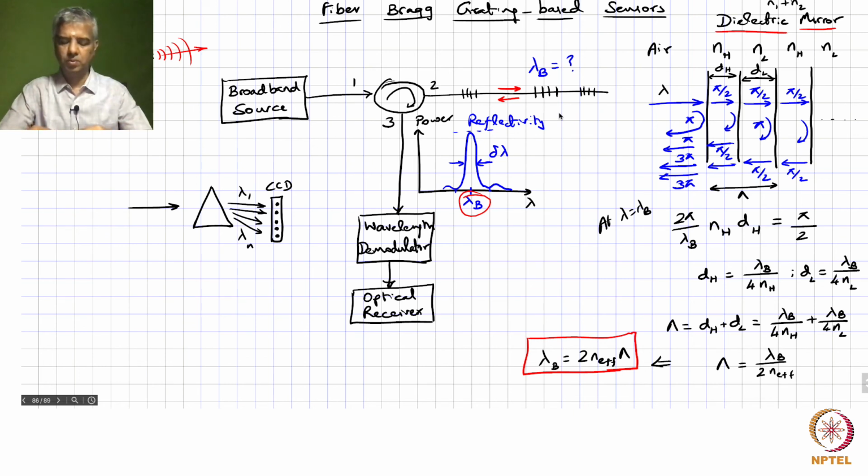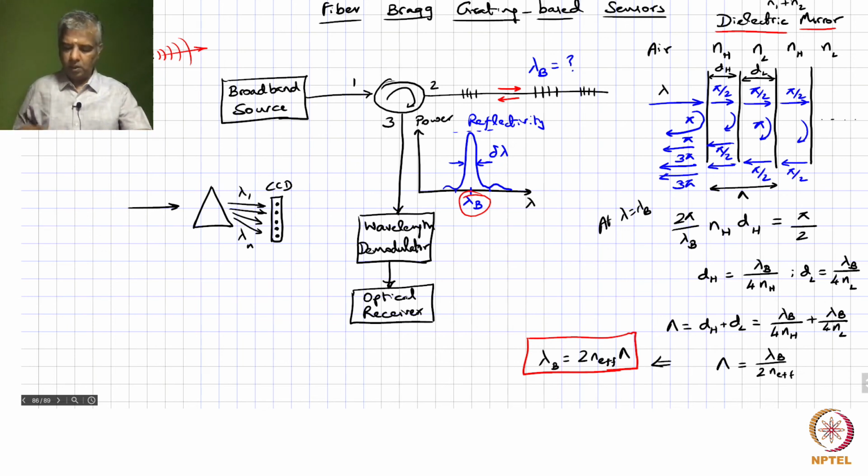In some loose terms, we were saying that you can use a broadband source to interrogate this fiber Bragg grating sensor, in which case the fiber Bragg grating will reflect one particular wavelength or a narrow band of wavelengths, and we needed a wavelength demodulator to convert any change in wavelength to intensity changes, and then we are picking off the intensity changes using a traditional optical receiver.